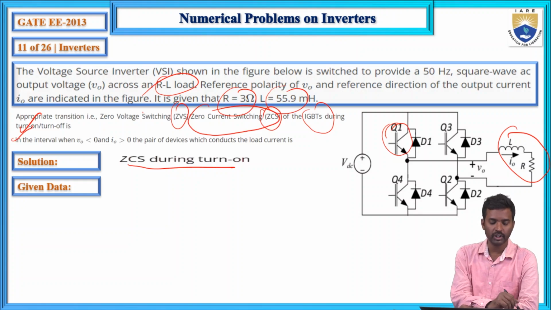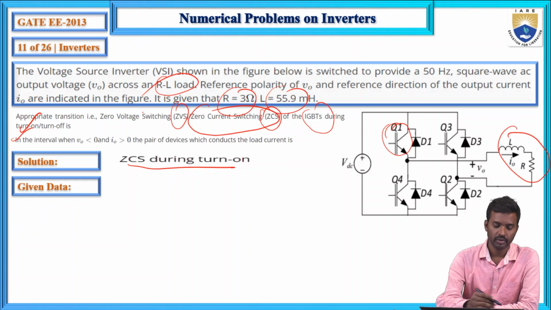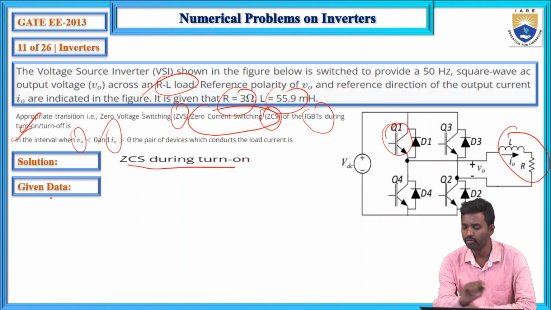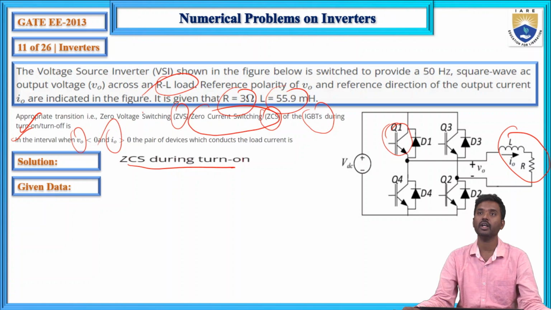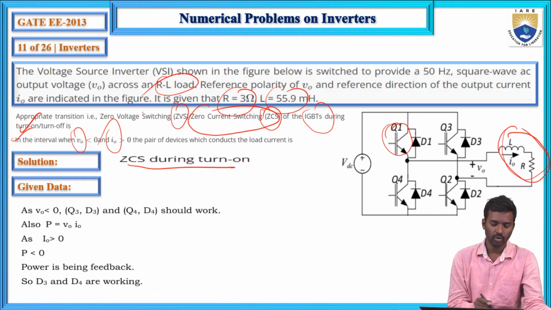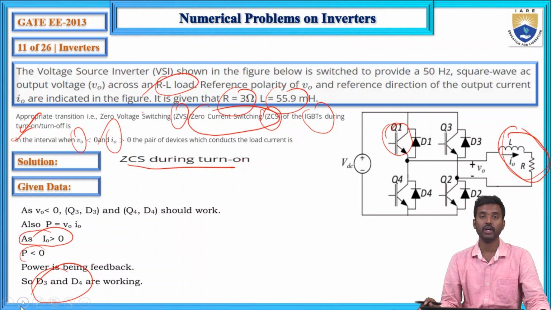And the second question is: at what interval is V0 less than zero and I0 greater than zero? This is the full bridge inverter with an RL type of load. In the RL type of load, when the current is positive and the voltage is negative, in that case D3 and D4 will conduct.